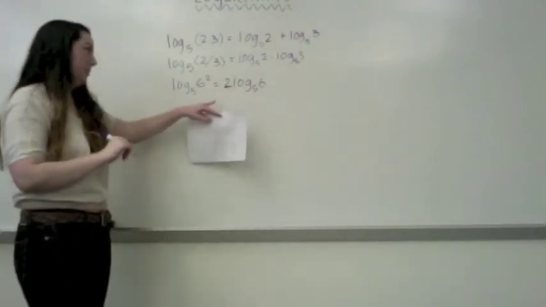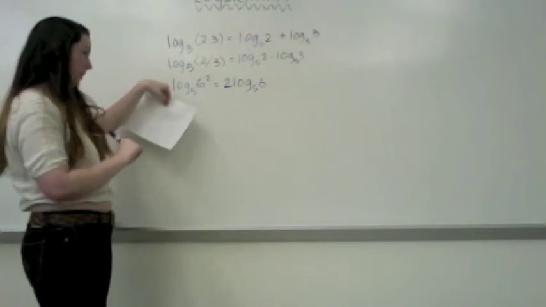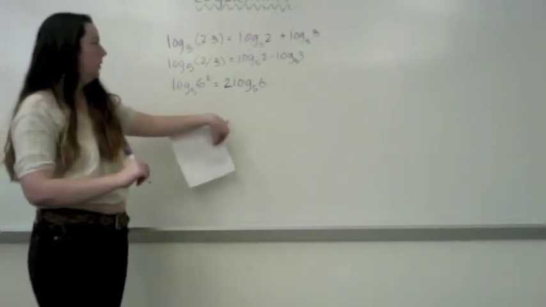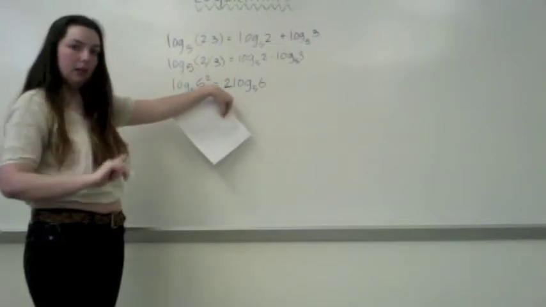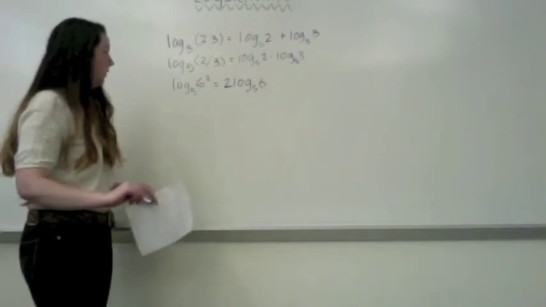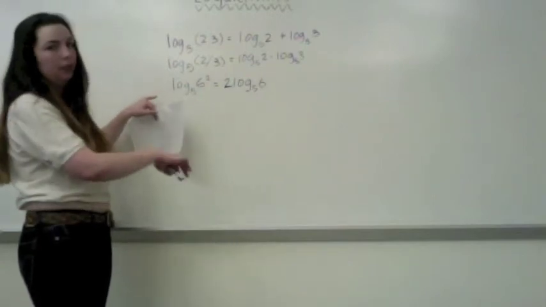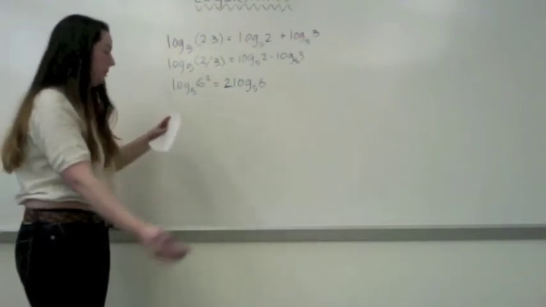See, this is a good rule because we can bring this exponent down to the front, and that would be helpful in future problems that involve more work. Not necessarily, you wouldn't really do this with such simple numbers.